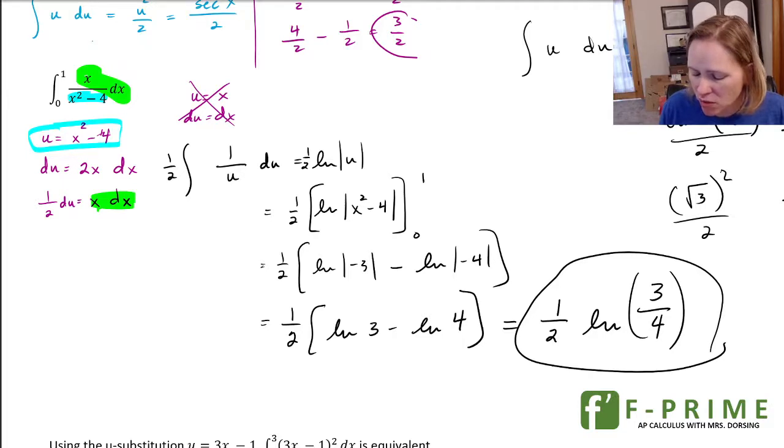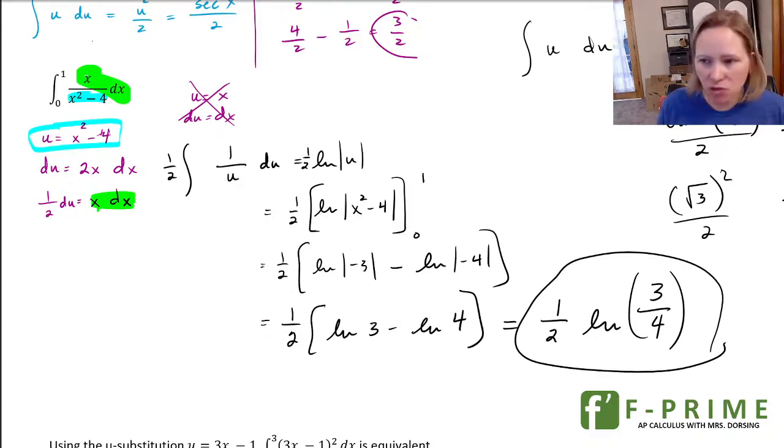This is a skill that we need. It happens a lot in some of the integrals that we're going to see later on. But getting familiar with this is really important because on an AP exam, the multiple choice questions will always be fully simplified, and you need to be familiar with those rules of logarithms to be able to simplify to select the right answer on a multiple choice exam.